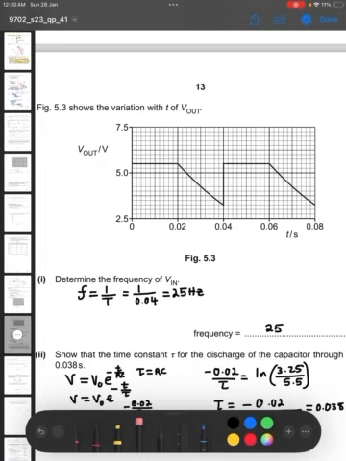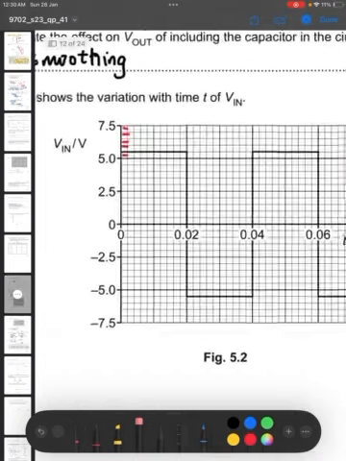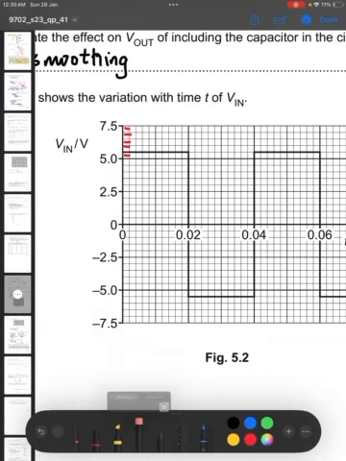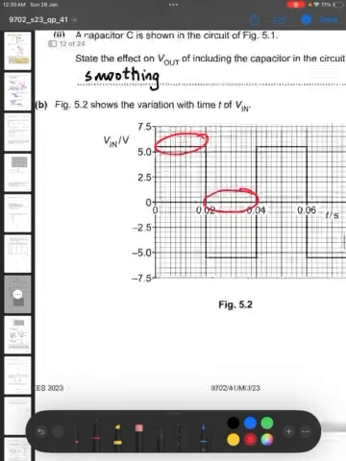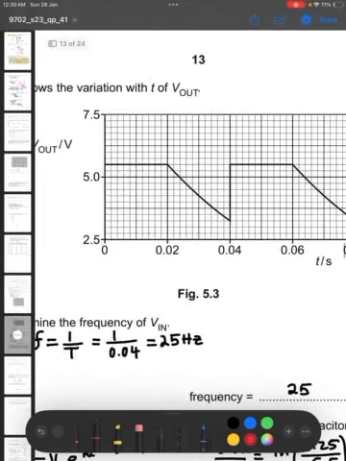Why? Because whilst in this part it had a positive up until 0.02, but after 0.02 to 0.04 here it was negative. But in this graph, from 0 to 0.02 it's positive, but instead of becoming negative between 0.02 and 0.04, it actually decreases gradually without even reaching 0.